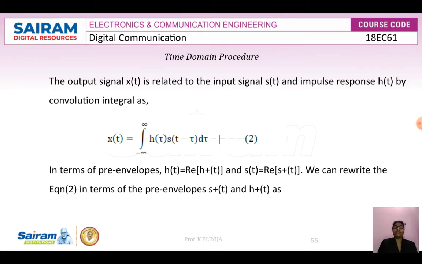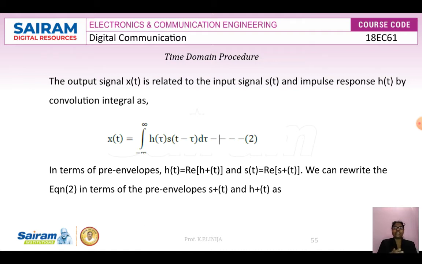Therefore, in terms of pre-envelopes, we have defined the pre-envelopes for positive frequency as well as negative frequency. So here, with respect to the pre-envelope, we can represent the impulse response h of t as the real part of h plus of t, and s of t as the real part of s plus of t.